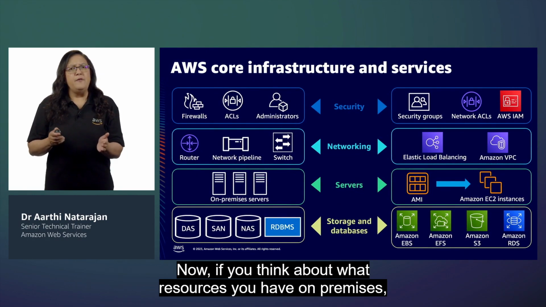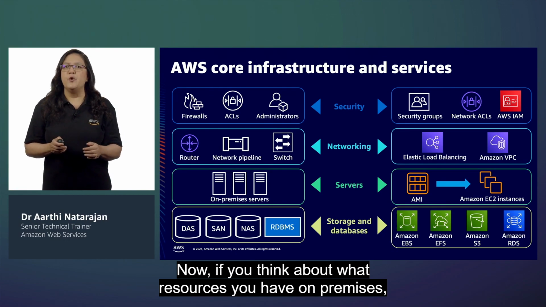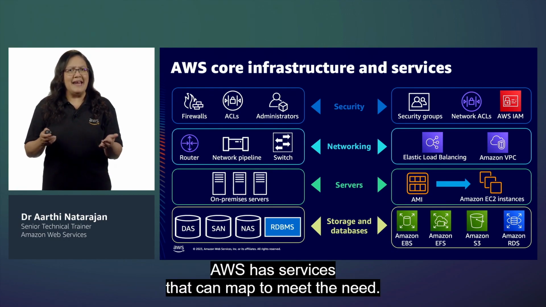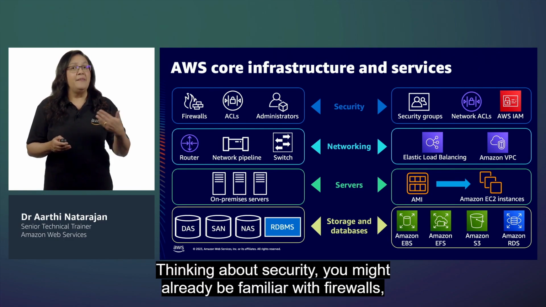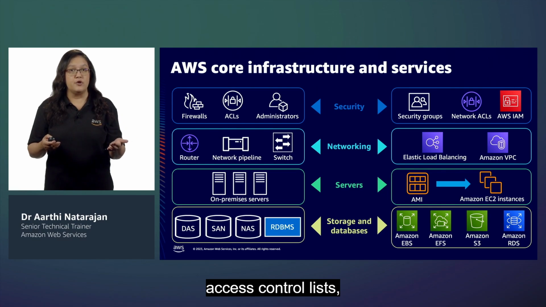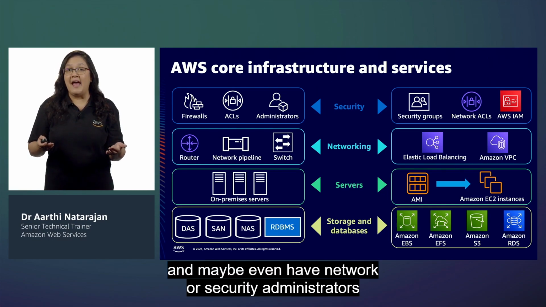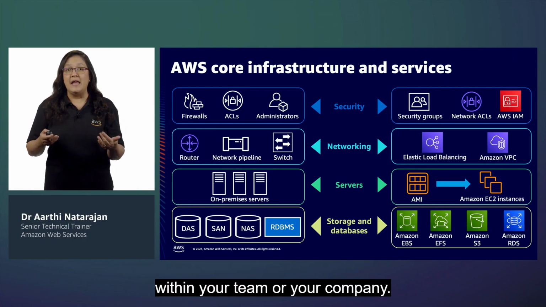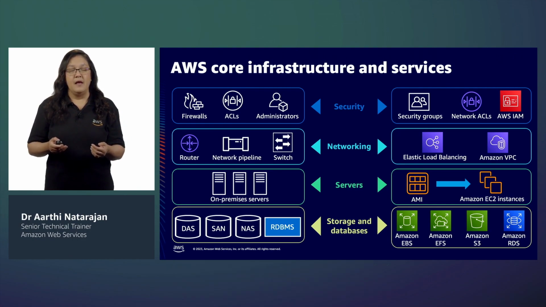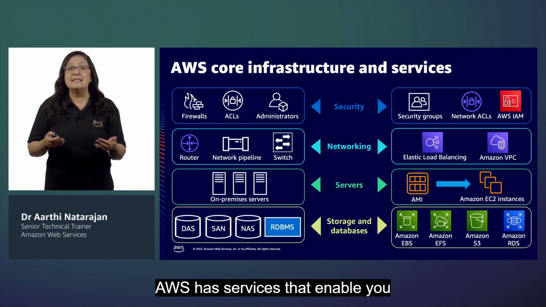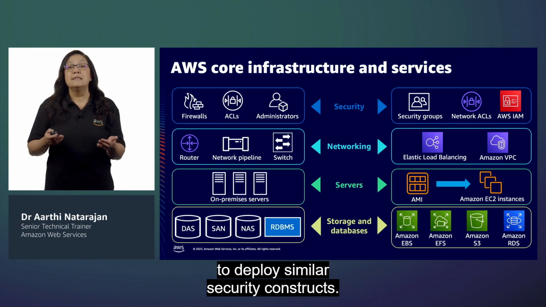Now, if you think about what resources you have on premises, AWS has services that can map to meet the need. Thinking about security, you might already be familiar with firewalls, access control lists, and maybe even have network or security administrators within your team or your company. AWS has services that enable you to deploy similar security constructs.